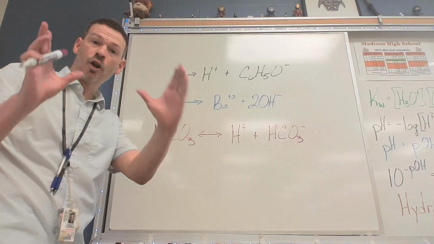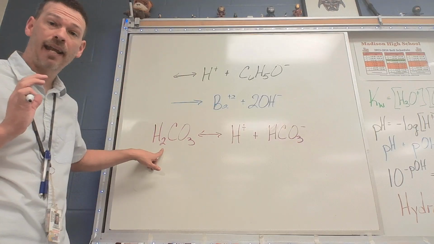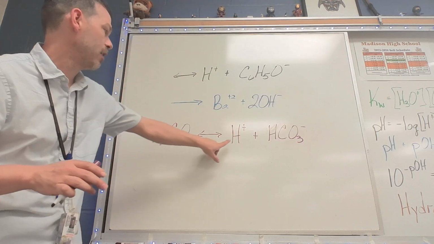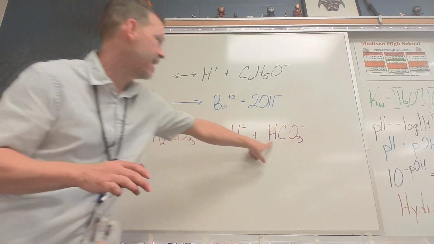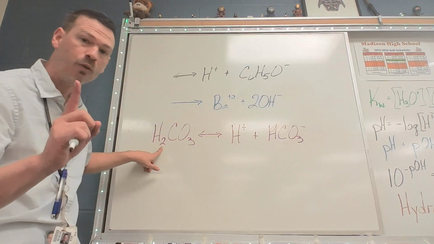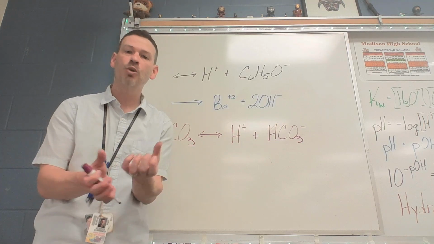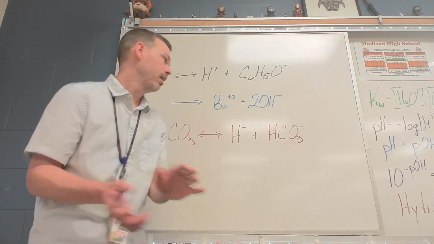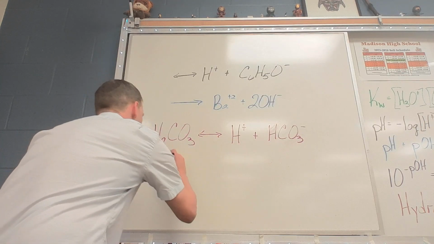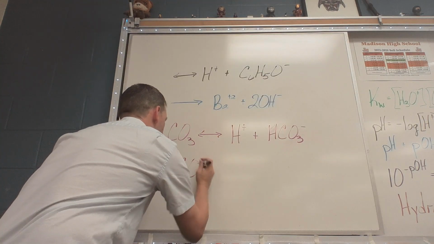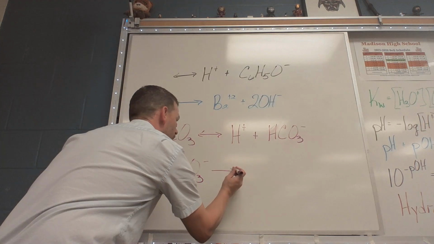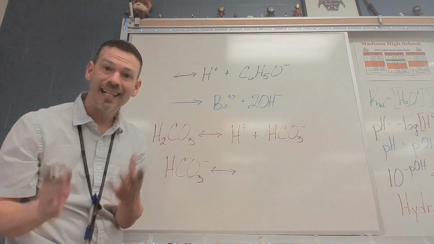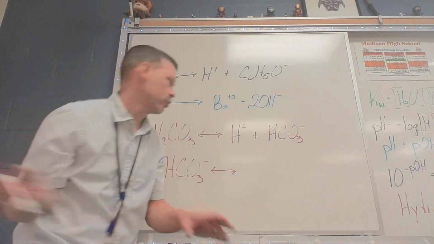Stepwise dissociation is when your acid has more than one hydrogen at the beginning. So when you start to dissociate it, you only pull off one hydrogen, leaving this. Look, there's still one on there because I only removed one. And then if the dissociation continues, which it will, you'll take that substance that you now have and dissociate it again, removing the second hydrogen.